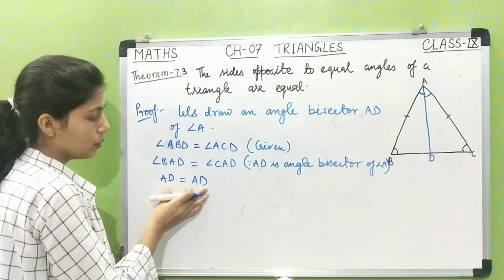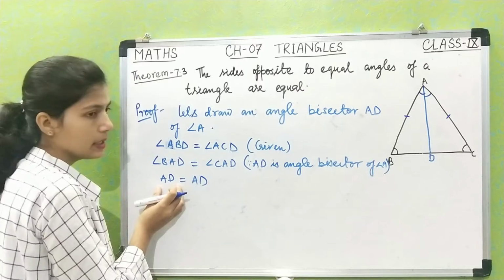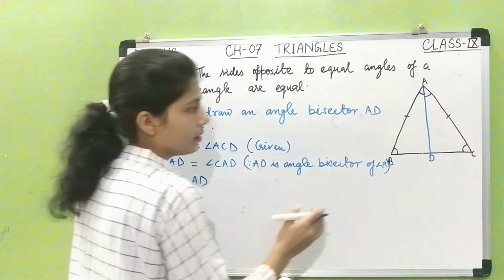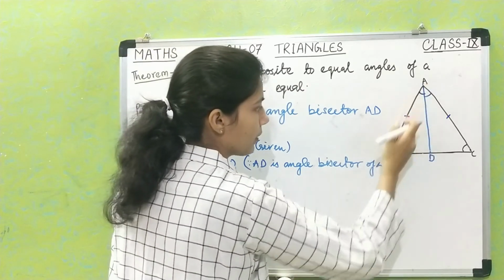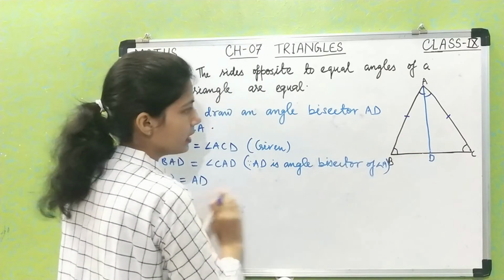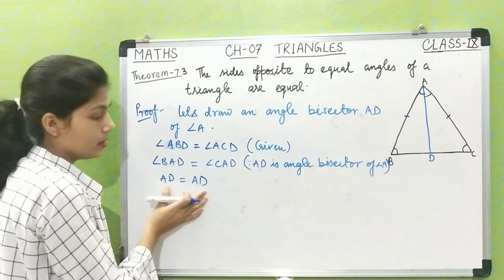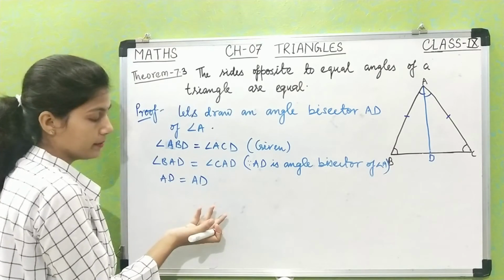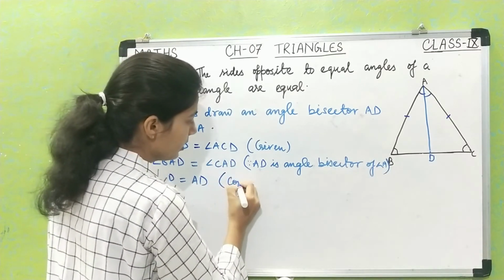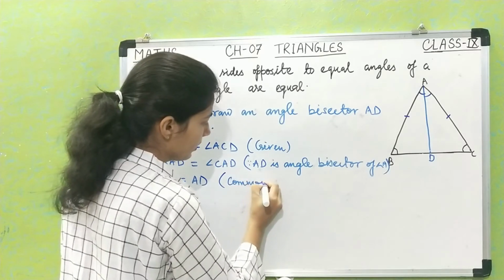Why are we writing AD two times? Because one AD we take as part of triangle ABD and the other AD is part of triangle ADC. Since these are equal, means common. We will write its reason here in brackets.